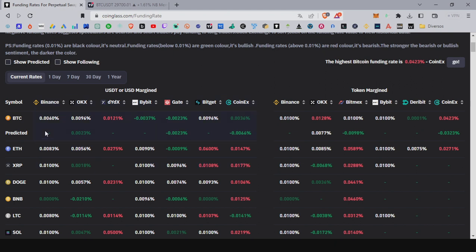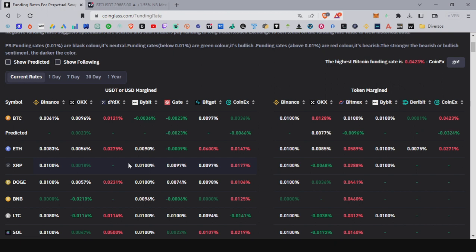Okay, so Binance looks neutral. Look at that. CoinGlass paints the numbers in red or green. The numbers in red mean the funding rate is really positive. It means there's a lot of money in long positions, and these longers might get liquidated. In order to liquidate these longers, the price must go down.